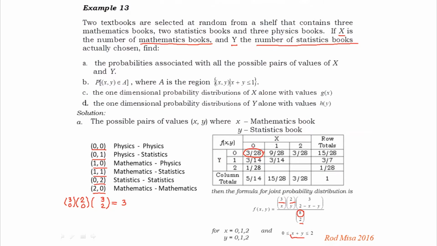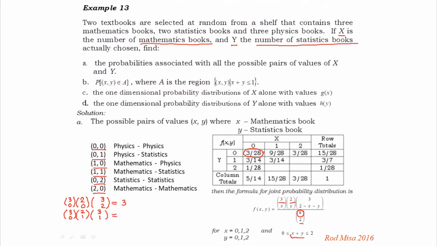But when your x is 0 and your y is 1, we have the combination of 3 taken 0 at a time because there is no mathematics book, since x represents the number of mathematics books here. And 2 taken 1 at a time because your y is 1. And since there are 2 books here, your other book is taken from the physics books.